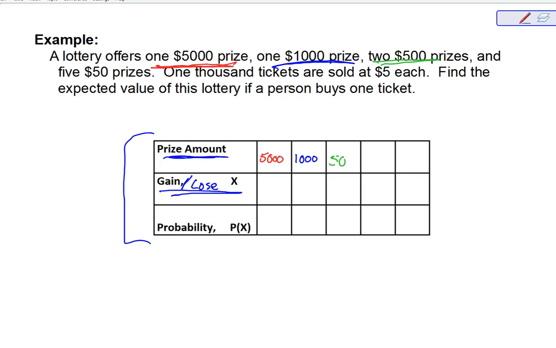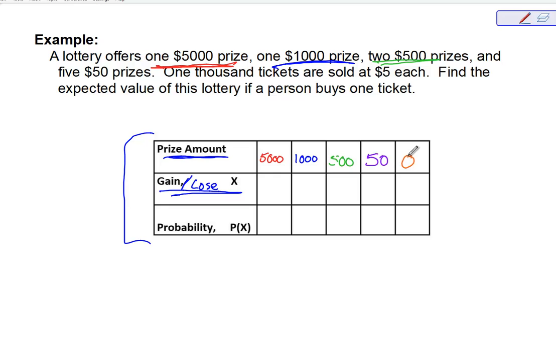So we have a prize amount of $500. Then we have five $50 prizes. So we have a prize amount of $50. We also have the possibility of not winning at all. Therefore, we have a prize amount of 0.